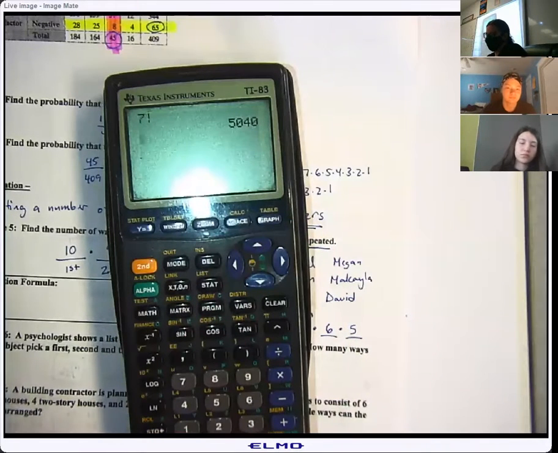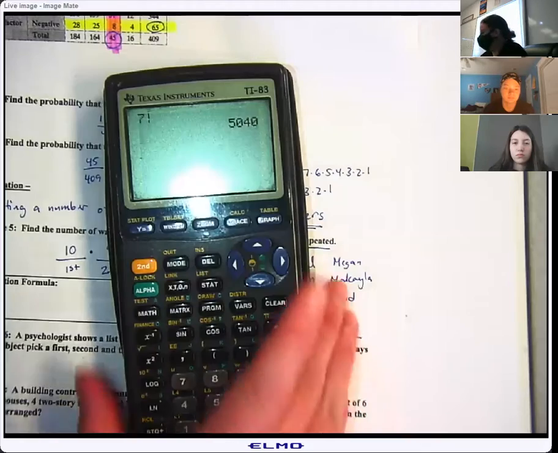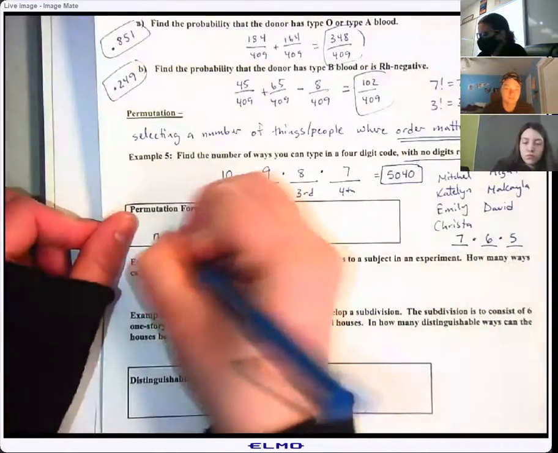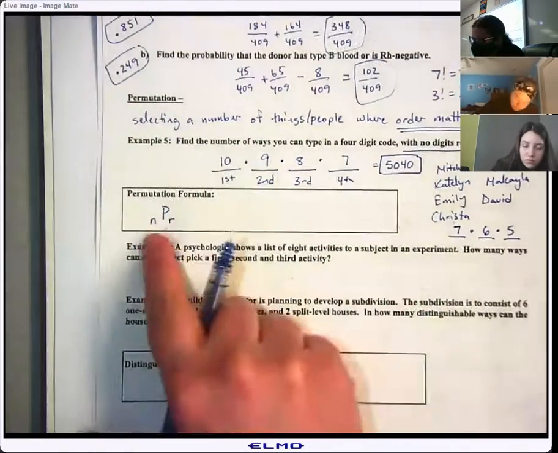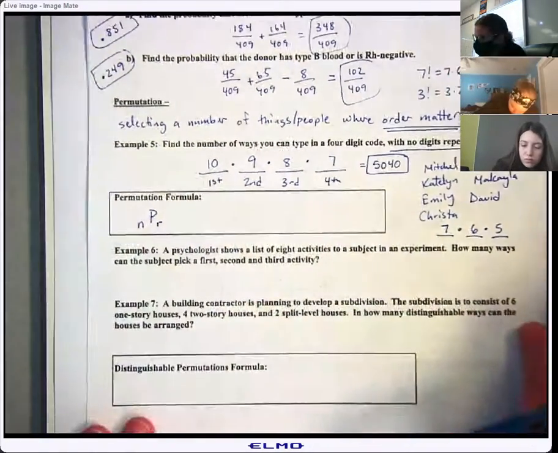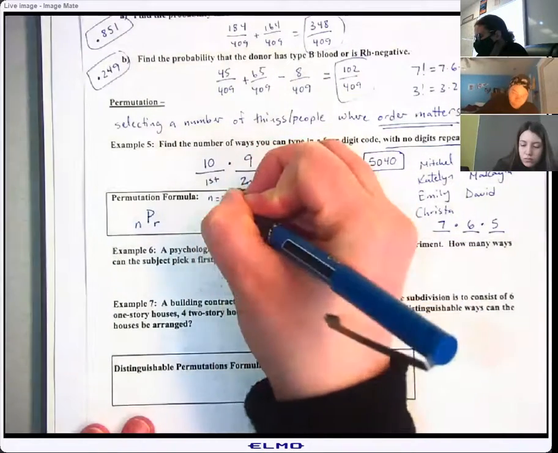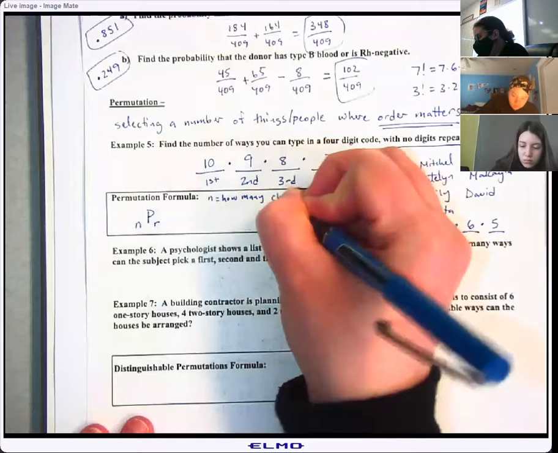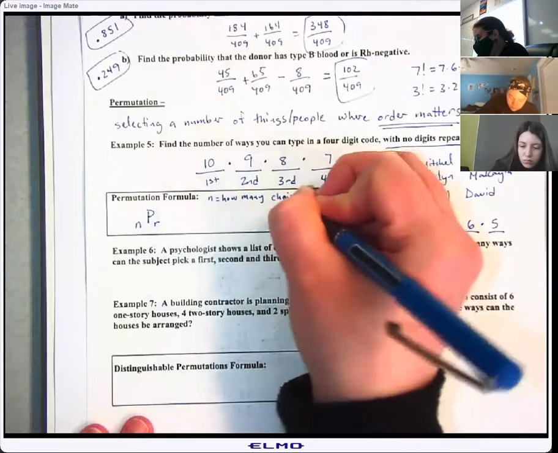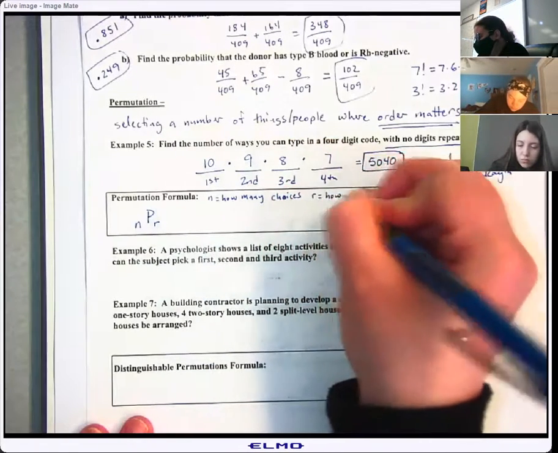All right, so let's talk about the permutation formula. So the permutation formula looks like this. It is nPr. Notice that the n and the r are tiny, kind of like subscripts almost, where n is how many choices you have, and r is how many you want.